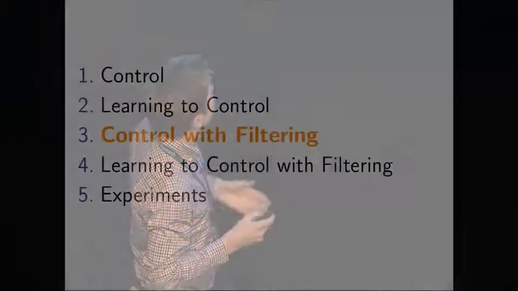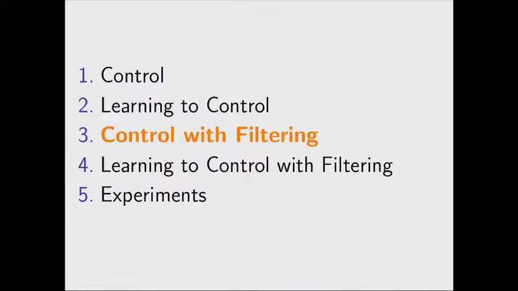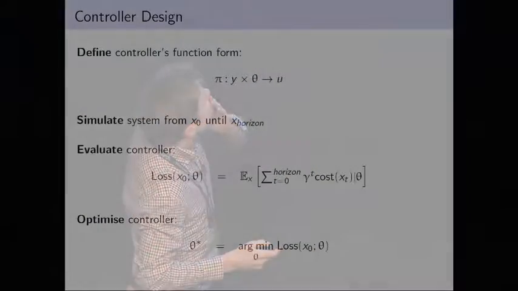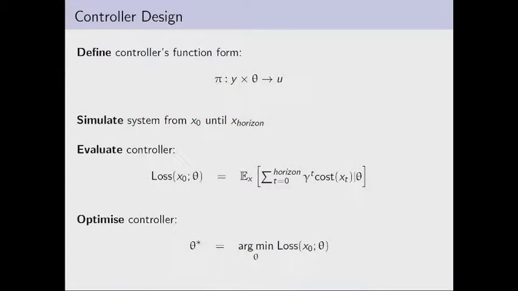And what I'll talk about next is control with filtering. So if we go back one sec, one of the problems that we have up at the top there is, say in the cart pole example, say that the cart pole has managed to swing up this pendulum and it's currently balancing it at the top.